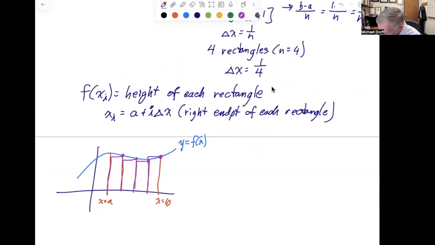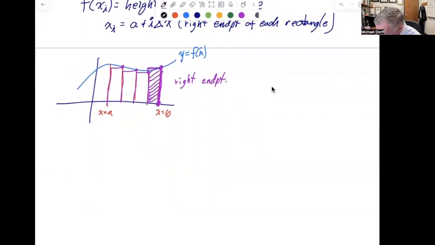So these are the right endpoints, because for each rectangle, I'm using the x value on the right side of it, and then going up to the curve gives me the height value there.